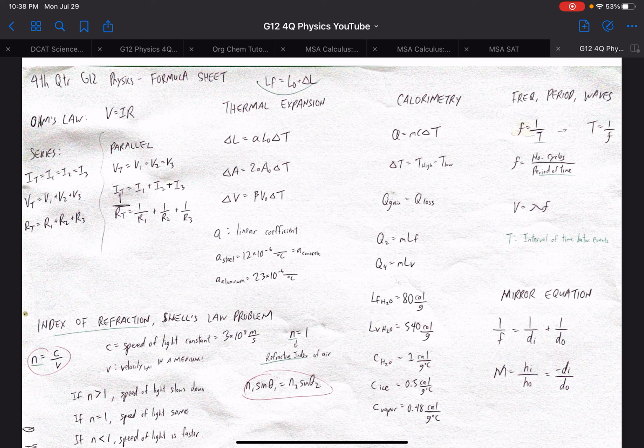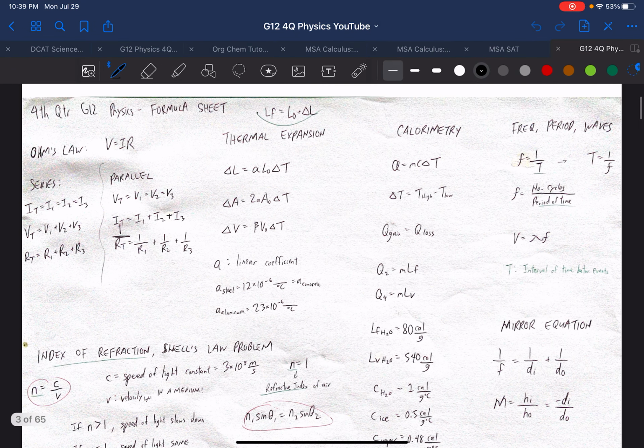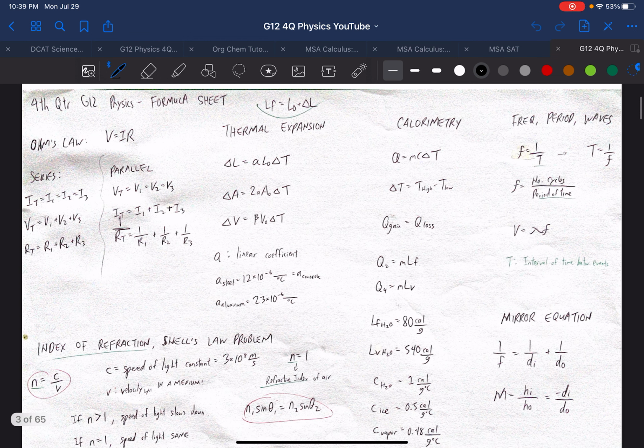As you can see, part of what we have here in the list, we have Ohm's law. Sorry, is my Apple Pencil working?